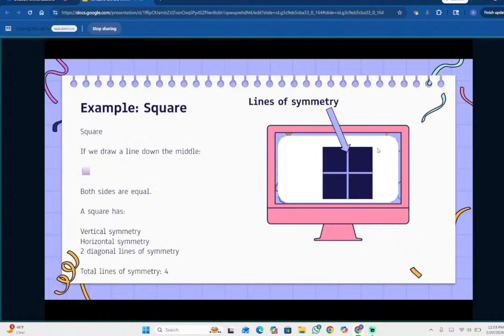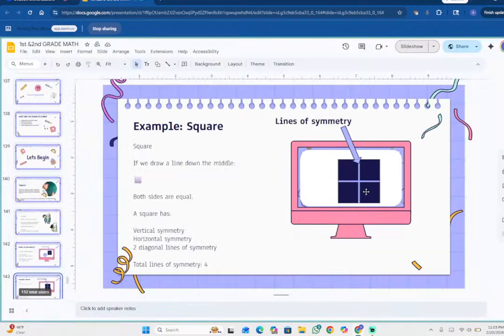So for example, a square. If we draw a line down the middle of a square, both sides are equal. So a square has vertical symmetry and horizontal symmetry. As well as this, it also has diagonal symmetry here and here.